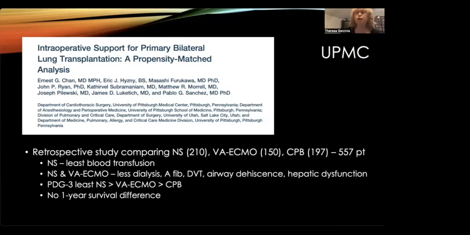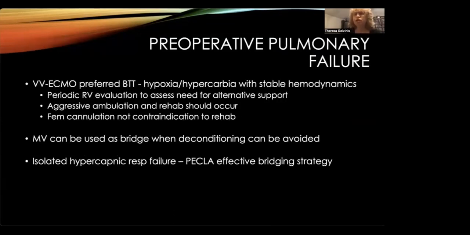The no support group had the lowest incidence of PGD, followed by the VA ECMO group, and then the bypass group, and there was no difference in 1-year survival. This suggests that there may be a small increase in severe PGD in VA ECMO patients, but that overall survival is not affected.